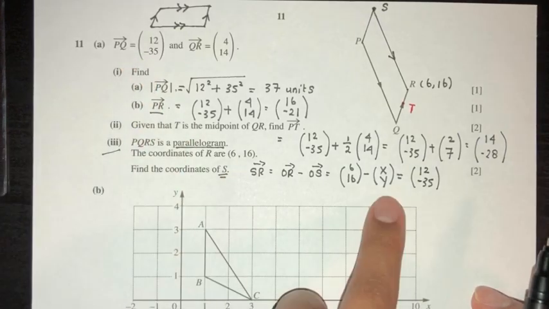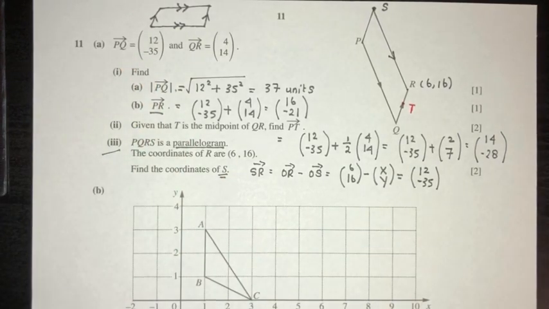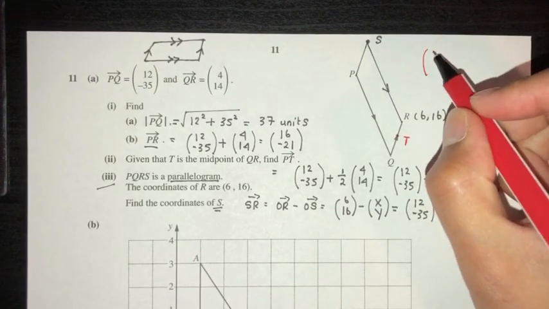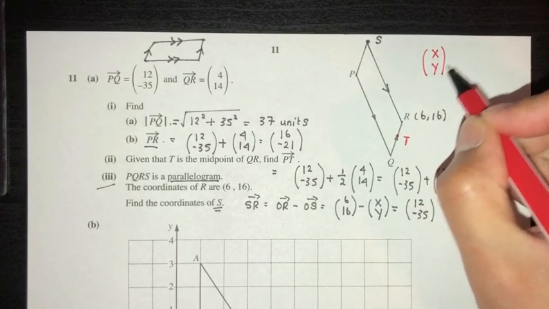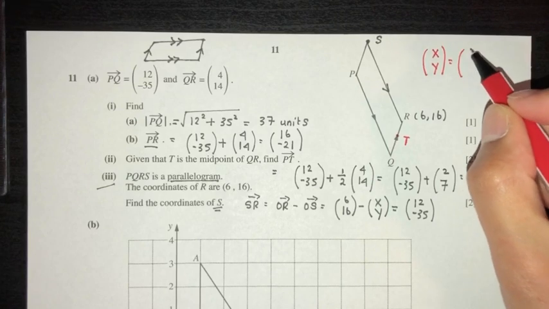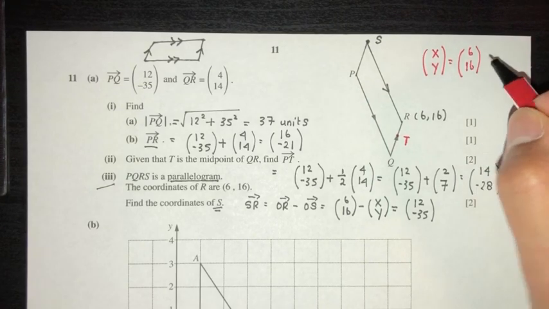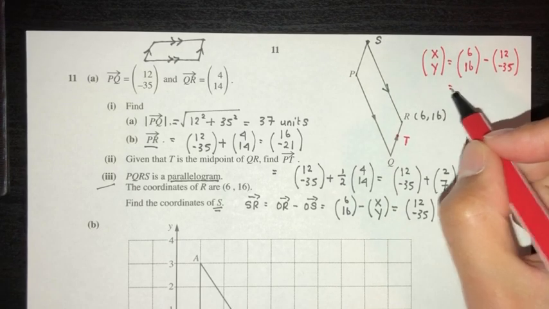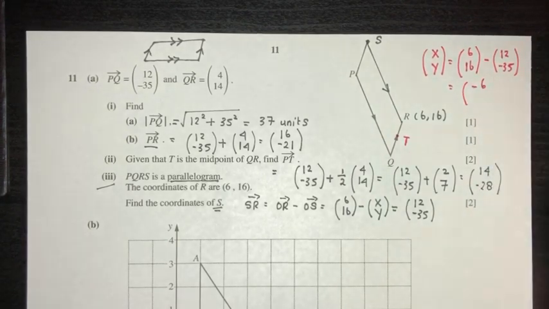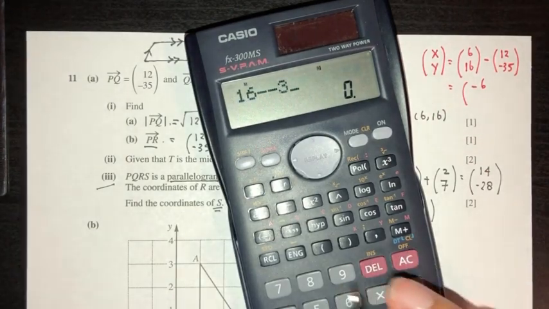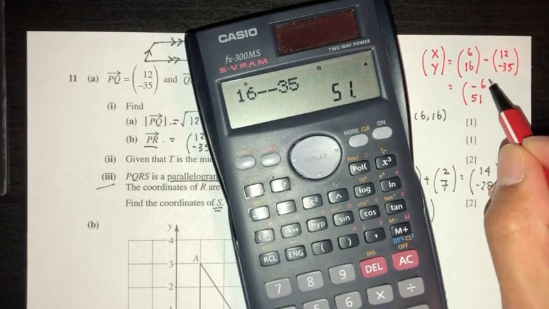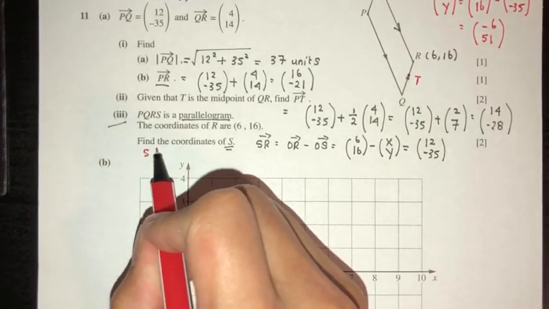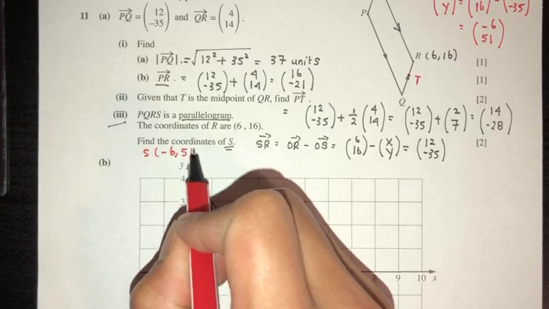So now we have to solve for (x, y). Making that the subject of the formula, you will have (6, 16) minus (12, -35). That should give you minus 6, and 16 minus minus 35 should be 51. That is your point S. So your answer, S will be the point (-6, 51).